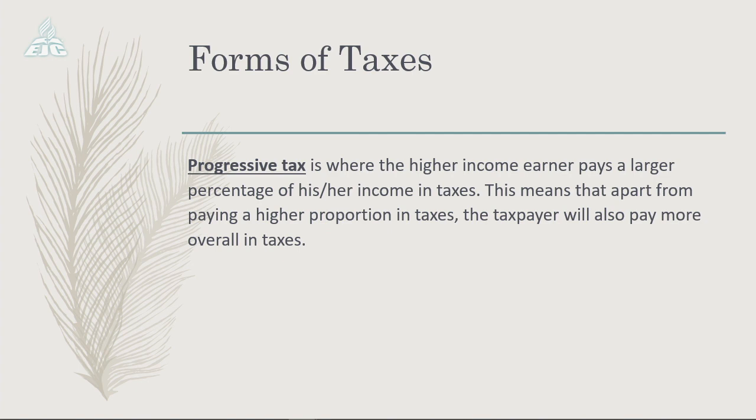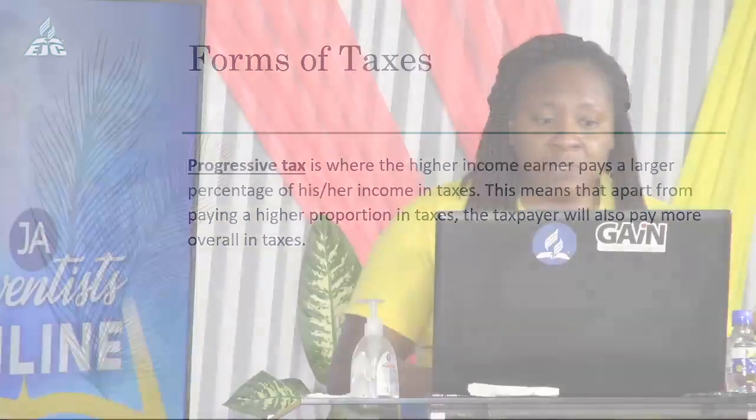So progressive tax is where the higher income earner pays a larger percentage of his or her income in taxes. This means that apart from paying a higher proportion, remember the proportion we did earlier, that would have been the 1/3. So apart from paying a higher proportion in taxes, the taxpayer will also pay more overall taxes. Good? So the first instance was where there was a higher proportion, now there's a higher percentage.